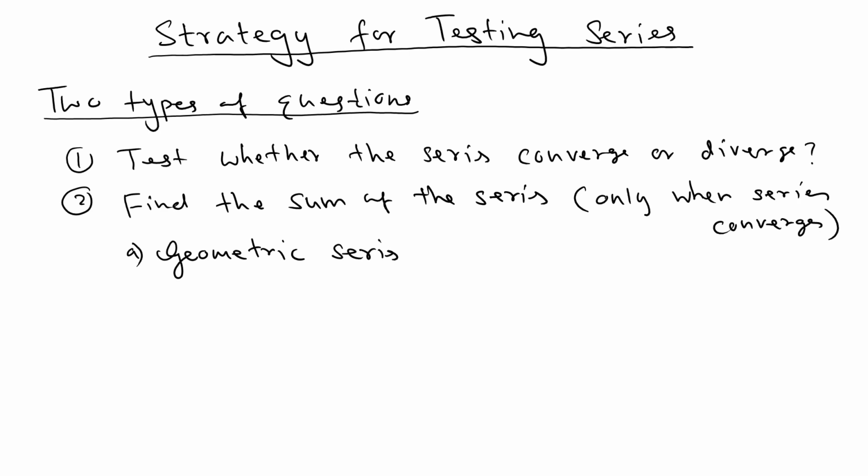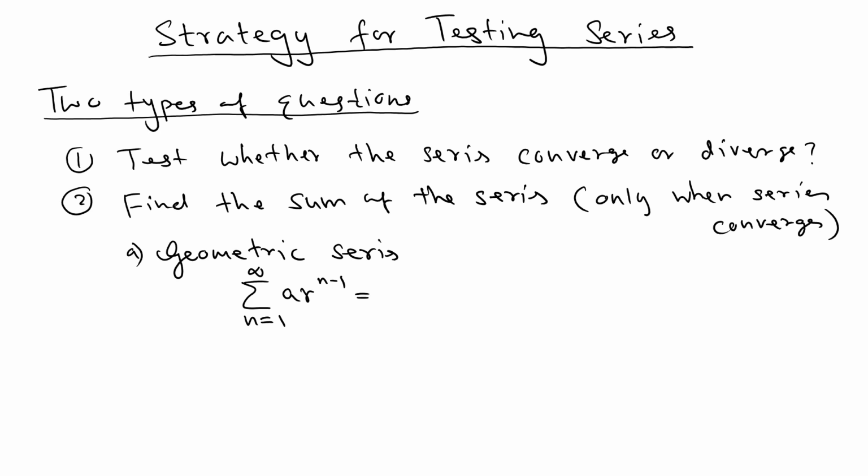We know that if the series is geometric and converging, we can write it as the sum from n equals 1 to infinity of a r to the n minus 1. How to get the first term? Plug in the first value of n, which is 1.